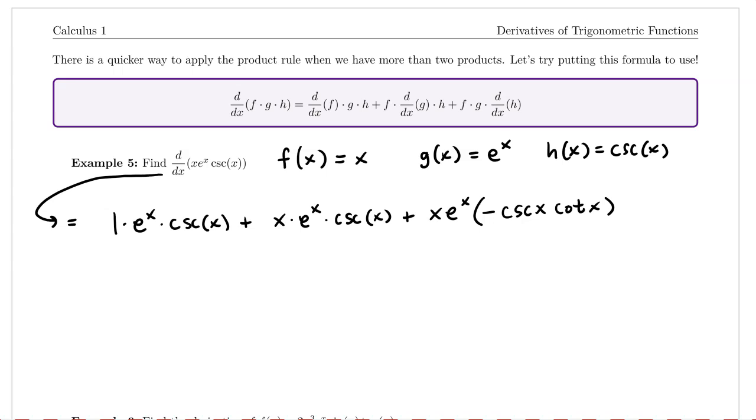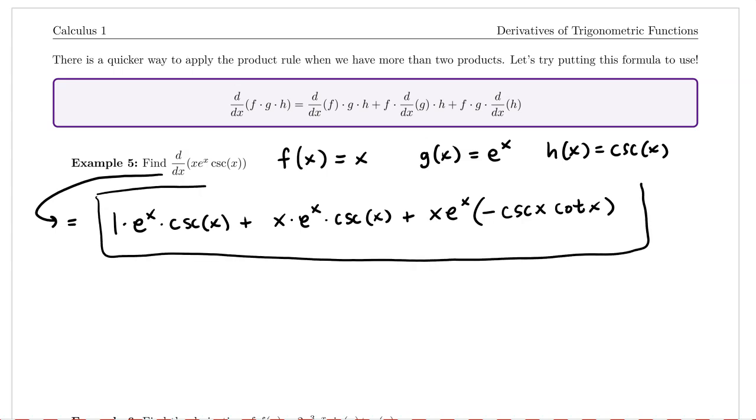And it turns out that this is the same answer that we got above if we just do some algebraic simplification. Go ahead and simplify this to see that you would get the same answer that we got in the previous example.